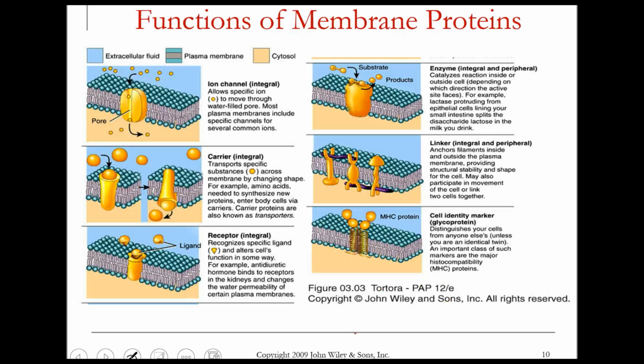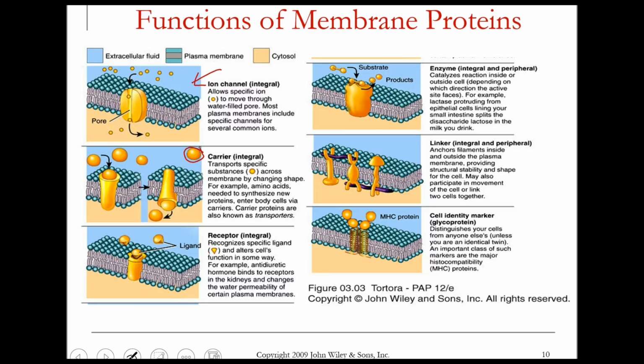So here's a nice graphic that you can also find in your textbook that indicates the functions of these membrane proteins. We can see that some act as ion channels. So we can see in these ion channels, ions or structures are allowed to flow into or out of the cell. Some will be carriers, so different types, often very large molecules, will be able to be moved into or out of the cell.